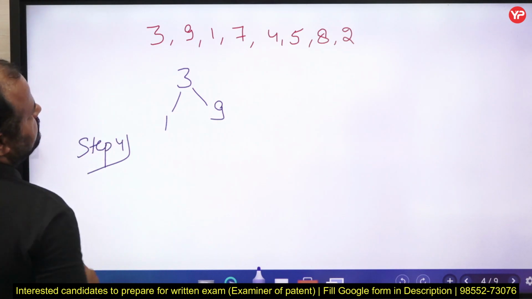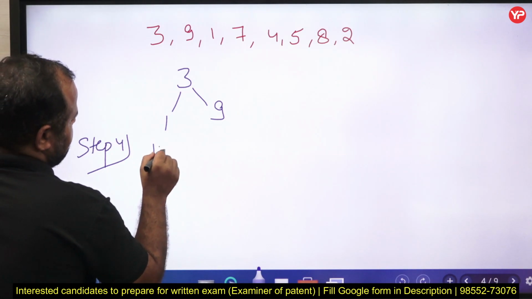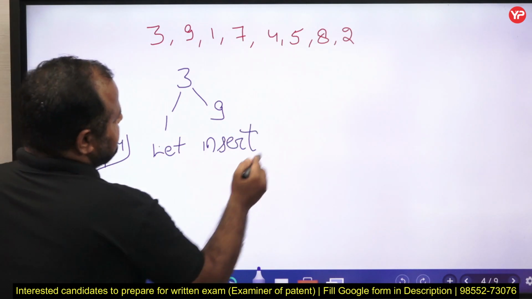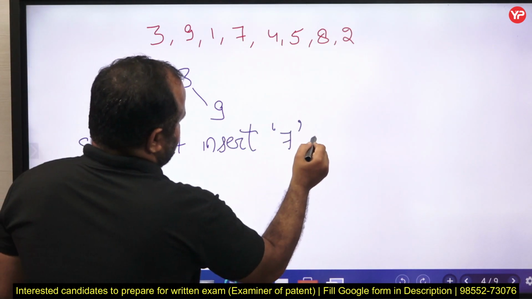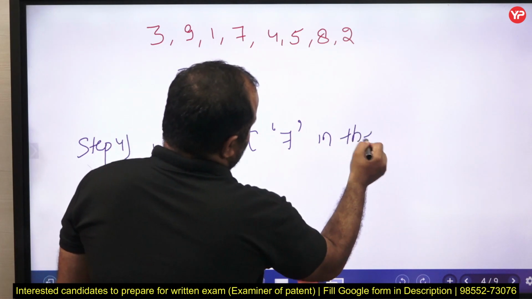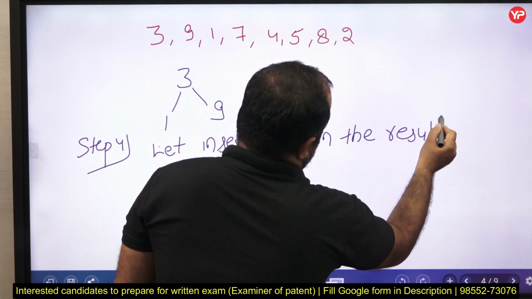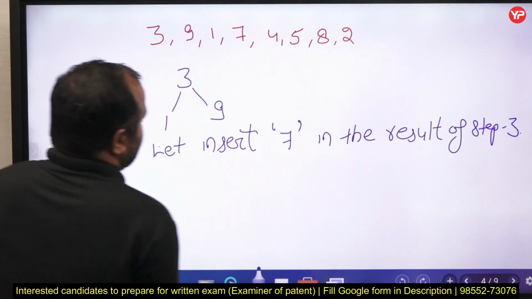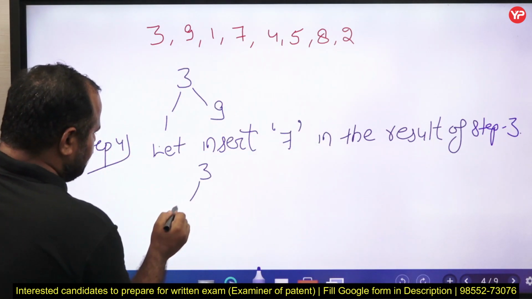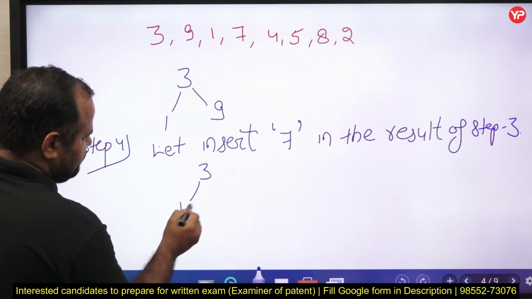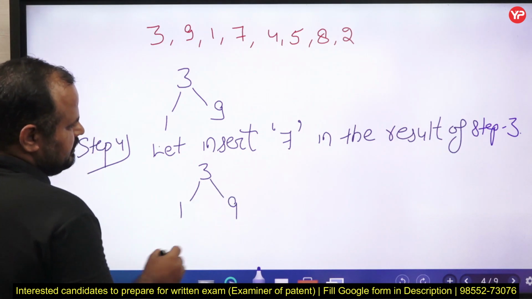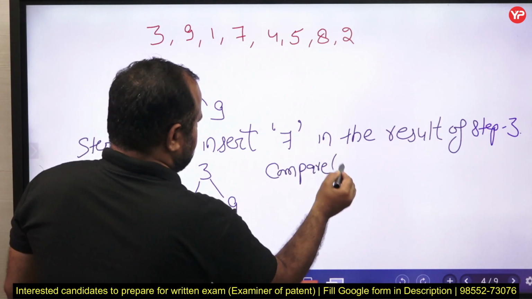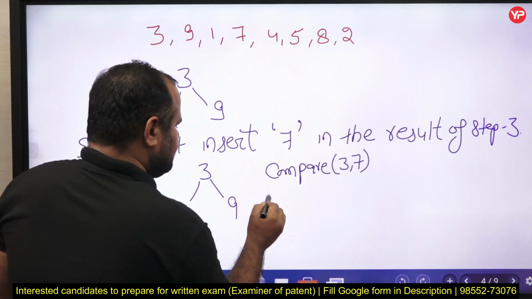So step 4. Let us insert 7 in the result of step 3. The input for this step is 3, 1 and 9. Now first of all compare 3 and 7.